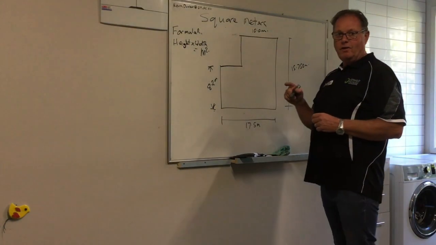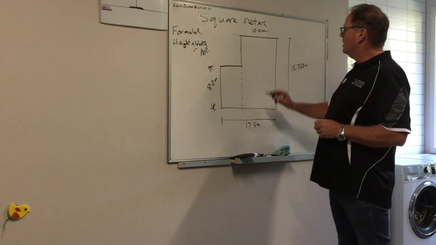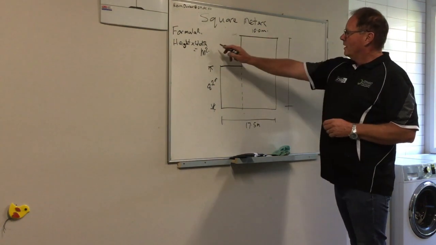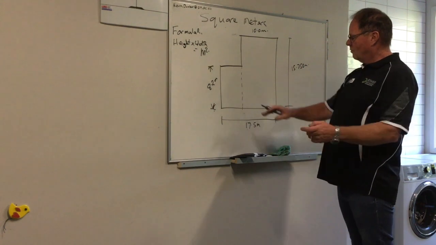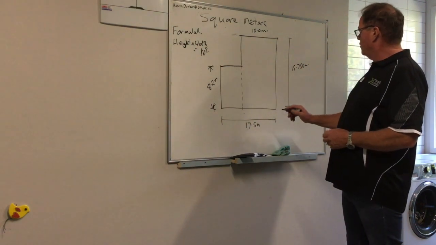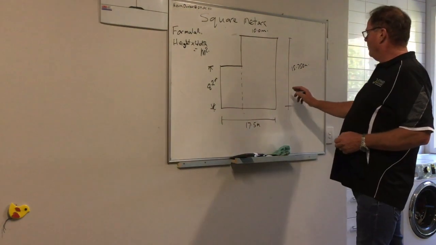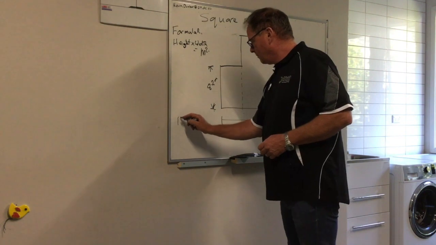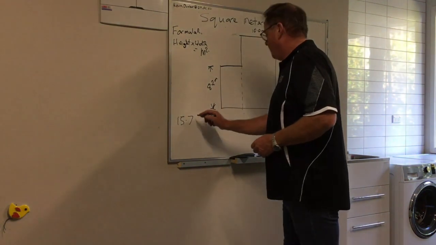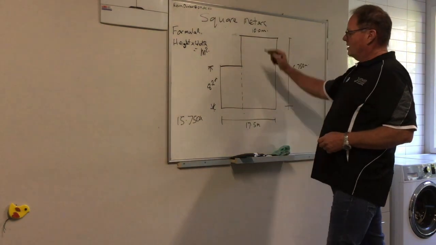Right, I hope you followed that through and divided that into two sections. We've got our formula, two boxes, and then we'll add them up. The biggest one first: a height of 15.750 times the width of 10 metres.